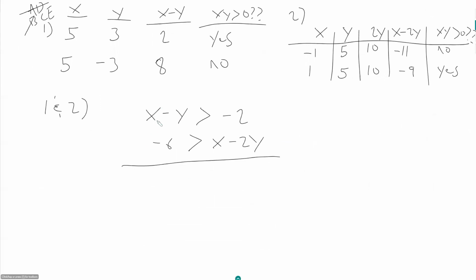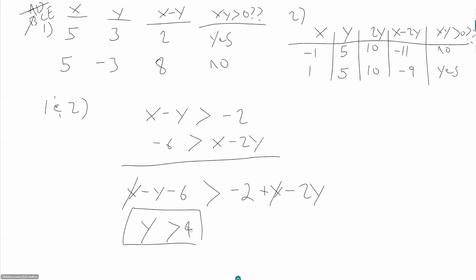This means x minus y minus 6 is greater than negative 2 plus x minus 2y. And so what does this mean? So it looks like my x's on either side cancel out. I can add my 2y over here just to get y, and then add my 6 here. So y has got to be greater than 4.